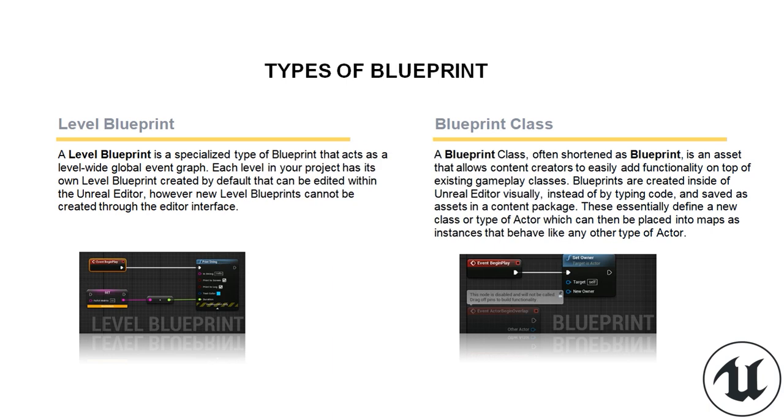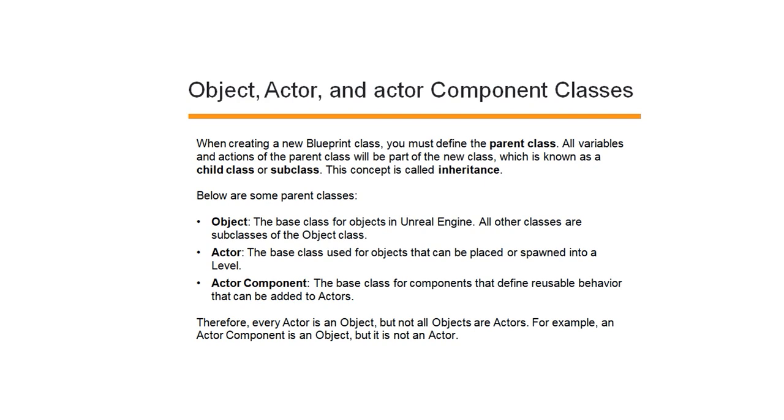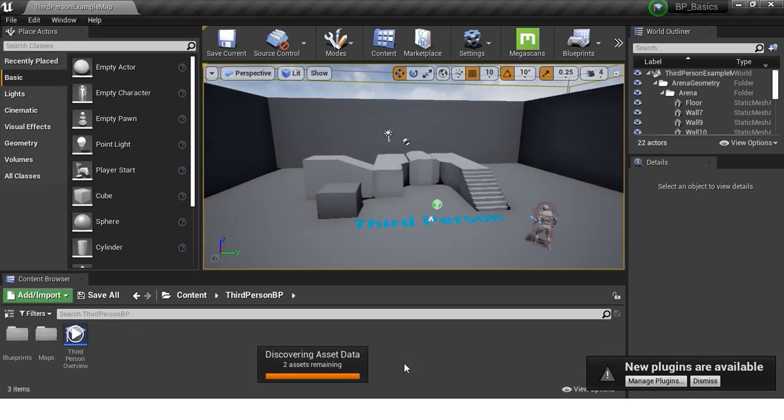Now go to here again in the level blueprint. Here we will see object, actor and actor component. As we know, actors we can create from the place actors. When you import in the script panel, it becomes components, actors, objects, everything.